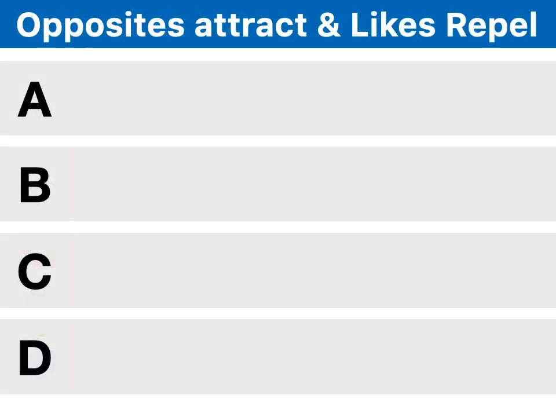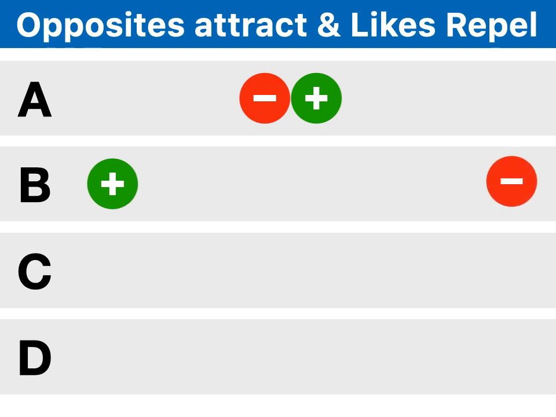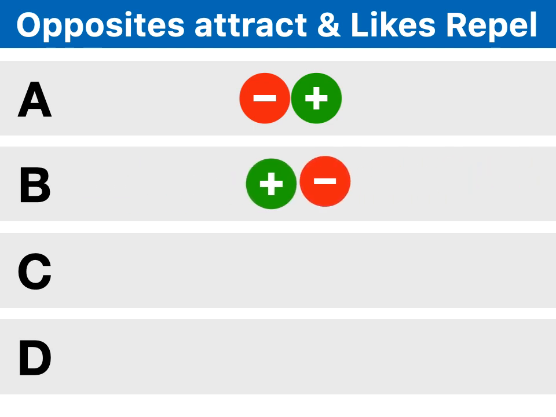Okay, so another thing that you probably learned is opposites attract and likes repel. So let's say we have an electron and a proton, or, simply put, negative charge and positive charge. They attract, and if you reverse the orientations, it's really the same thing. They're going to attract.